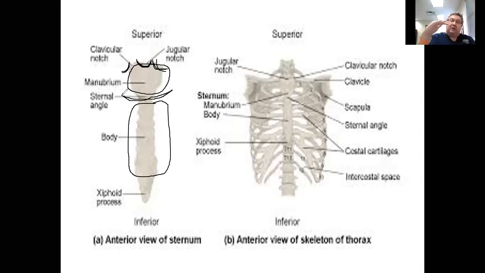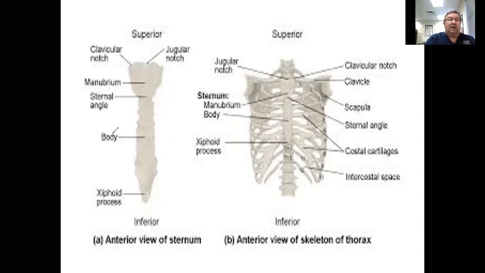So the line between the manubrium and the body is known as the sternal angle. The third part of the sternum is on the bottom, and that's the xiphoid process. This is an important attachment point, especially for the diaphragm, the muscle that helps us breathe. So again, these are the three parts of the sternum that you're going to need to know.